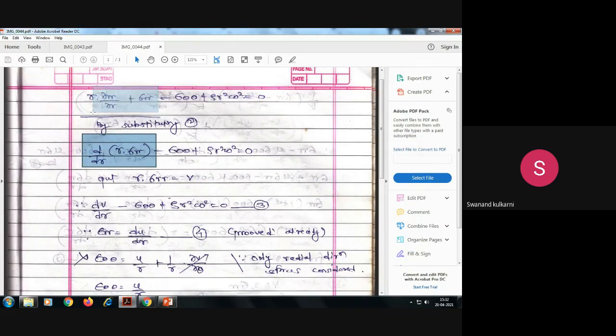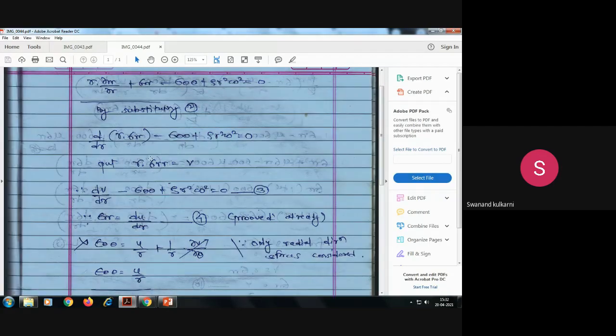So here you can see these two parts are replaced with d upon dr of r sigma rr, because the meaning of both is the same: first function as it is, derivative of second, and second function as it is, derivative of first. This term is replaced and written in the form of derivative with respect to r of this bracketed quantity. Is it okay? So the remaining terms will remain as they are: minus sigma theta theta plus rho r square omega square. Is it okay?